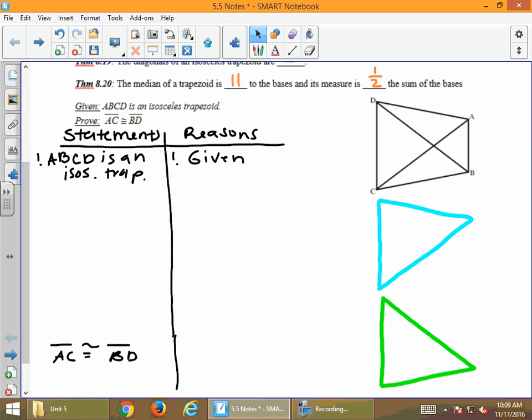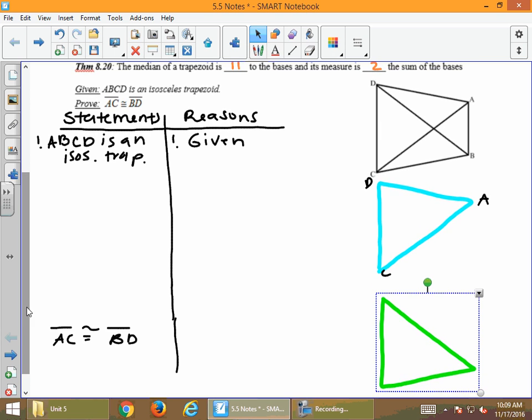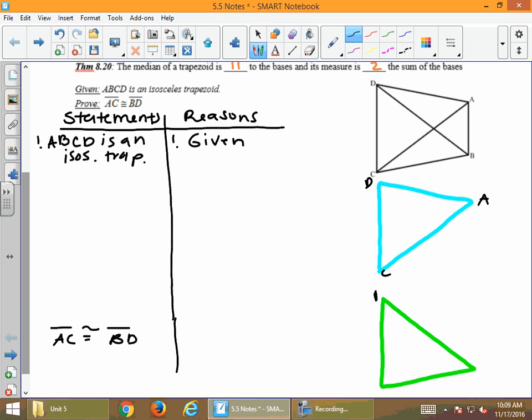So you want to redraw them. Same orientation. And keep those vertices the same. I'm going to re-highlight it in the diagram so we can see where they're at in the diagram.